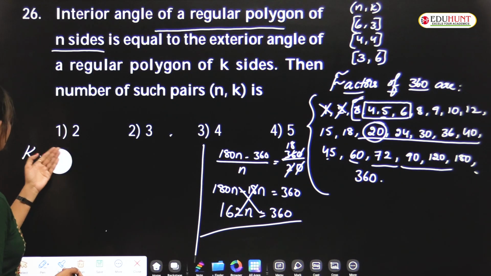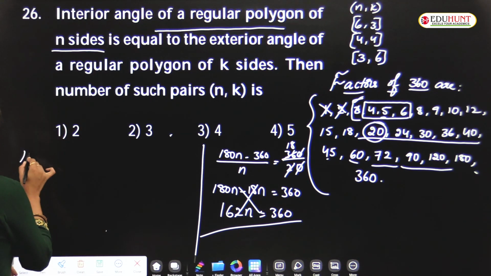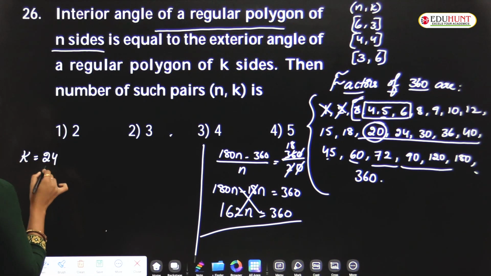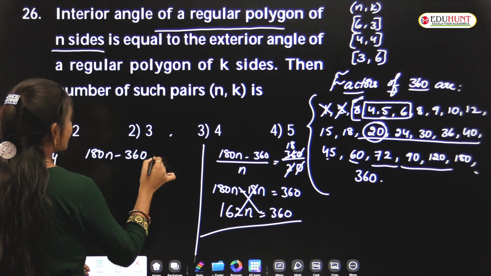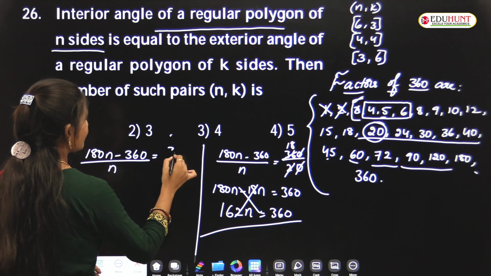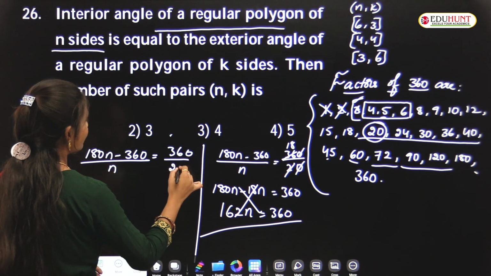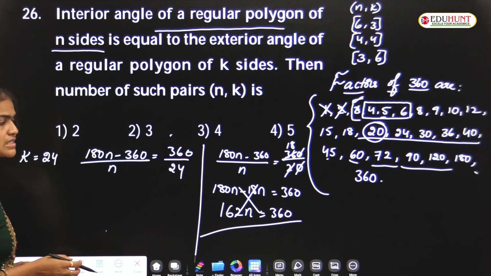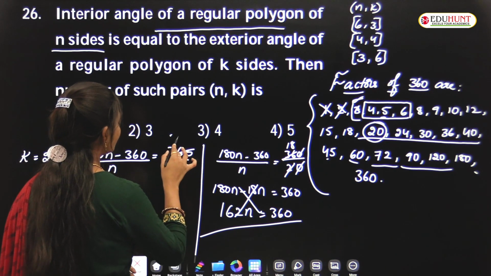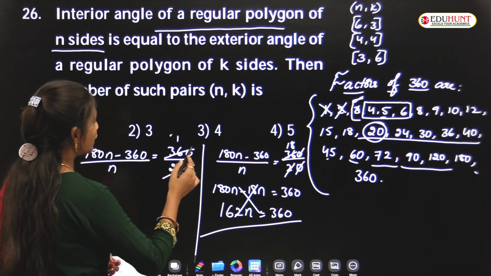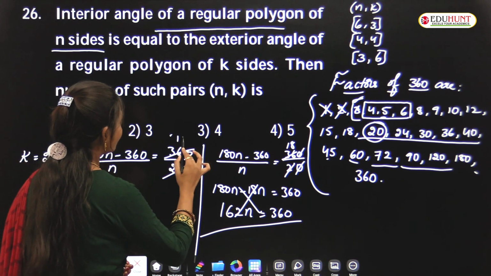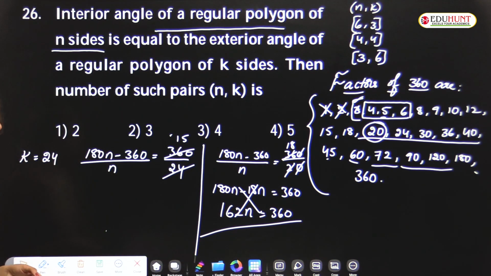Okay, so let us check k is equal to 24. So here (180n minus 360) whole by n is equal to 360 by 24. So 360 by 24 is equal to how much? 24 once is 24 and here the leftover is 12, 120. So 24 5's are 120. Is it clear?